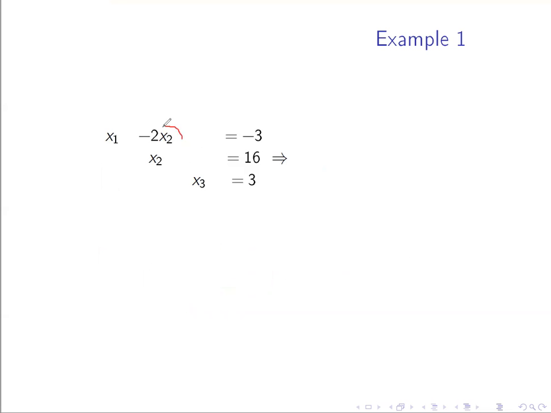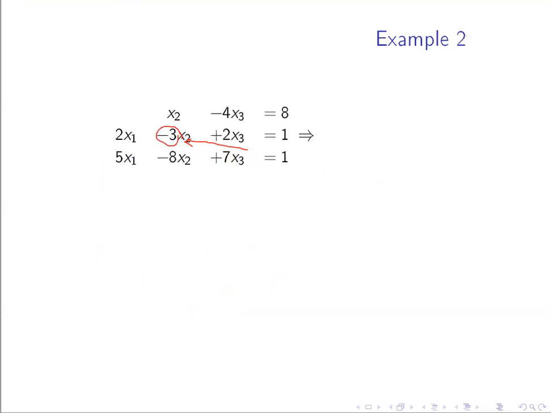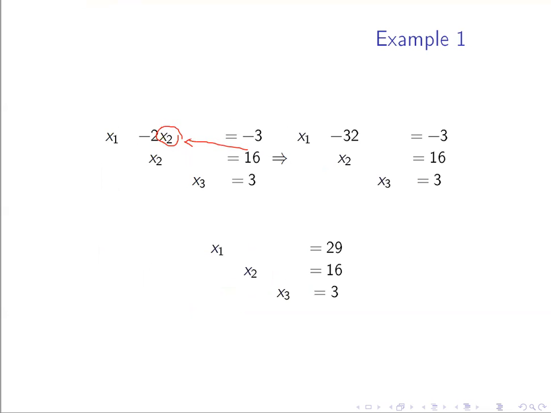Now I can take this value and plug it in here. And I get x1 minus 32, so we can add 32 to both sides. I get 29, 16, 3. So my solution, sorry about that, I clicked the button one too many times, is 29, 16, 3.